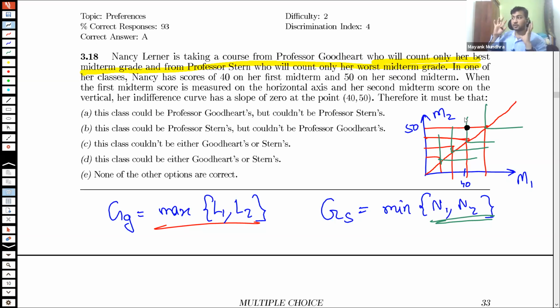So you have to draw both these curves, and let me draw this 45-degree line. And then what he's saying is that the indifference curve has a slope 0. So at this point, which IC has a slope 0? Is the green IC having a slope 0, or the red IC having a slope 0?